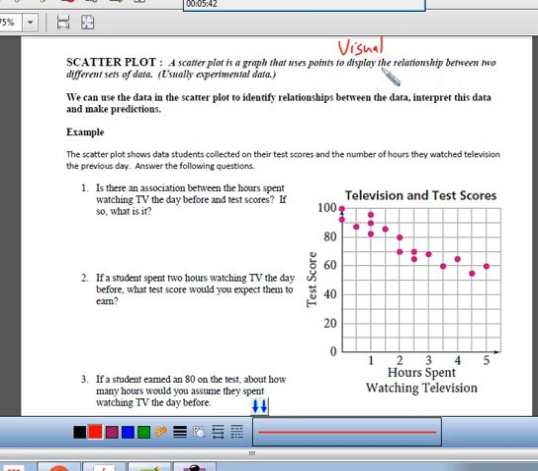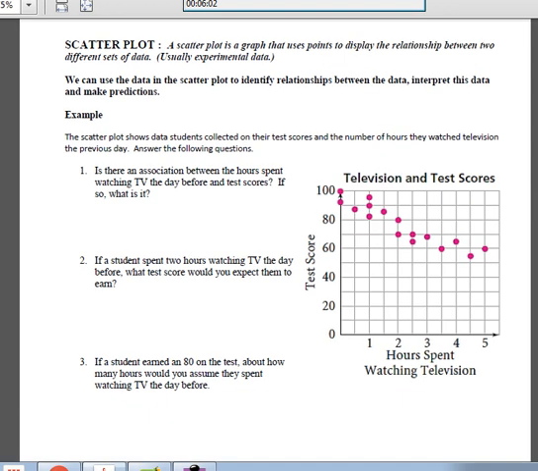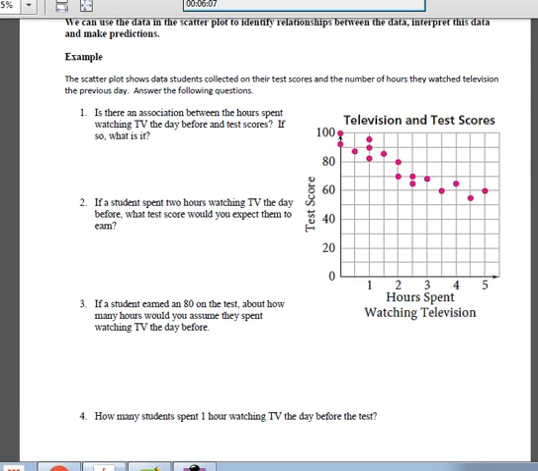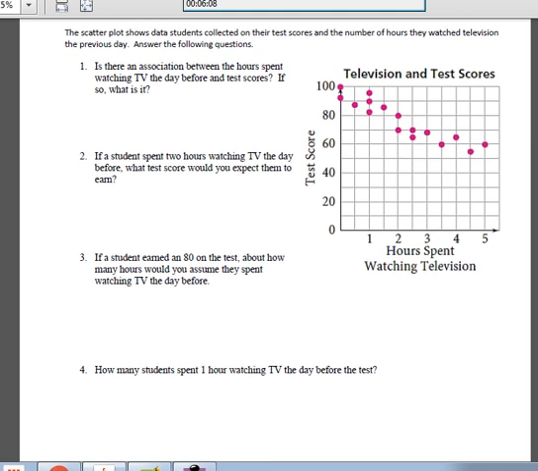And in relationship, we're talking about either positive, negative, or no correlation. We can use the data in a scatter plot to identify relationships between the data, interpret this data, and make predictions. Again, these predictions are not going to be 100% accurate, but they give you a good idea, and as long as you're close, then you're good.